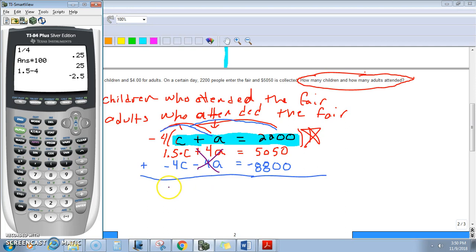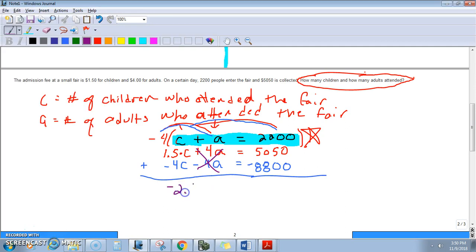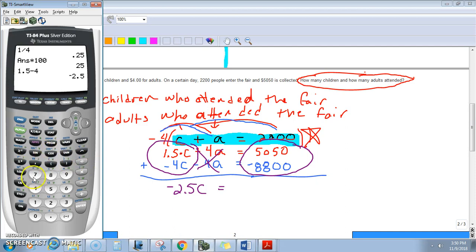So it's going to be -2.5C equals, and then on this side, so that was this part right here. On this side of the equation, I have 5,050 minus 8,800. So what that looks like on the calculator is 50, 50. And I know it's going to be a negative number because 8,800 is bigger. 8800.